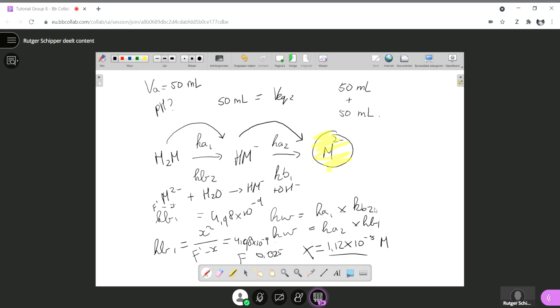F minus x, x, x. So x is equal to the hydroxide concentration, and with the hydroxide concentration, we can calculate the pOH, and we can also calculate the pH, right? Because 14 minus the pOH is the pH.